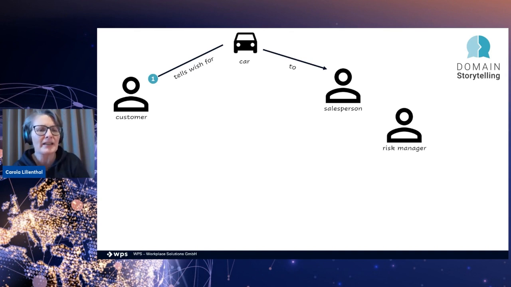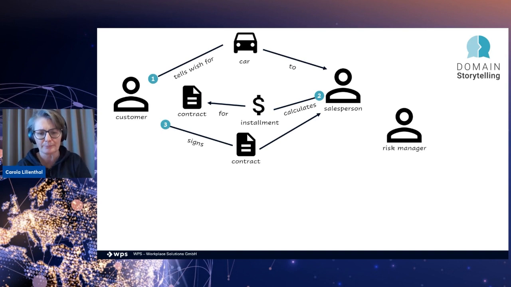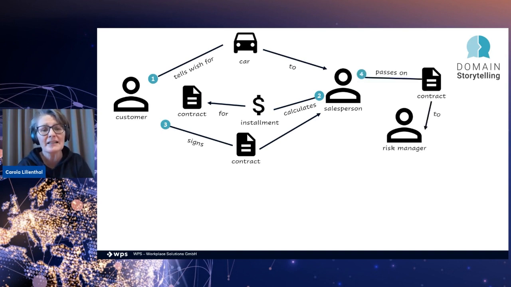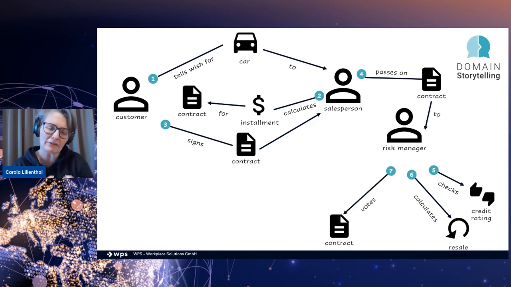The salesperson then calculates the installment and for the contract, and the customer then signs the contract. After this, the salesperson passes the signed contract onto the risk manager, and the risk manager now checks the credit rate, he calculates the real sale of the car, and he votes the contract if everything is okay.